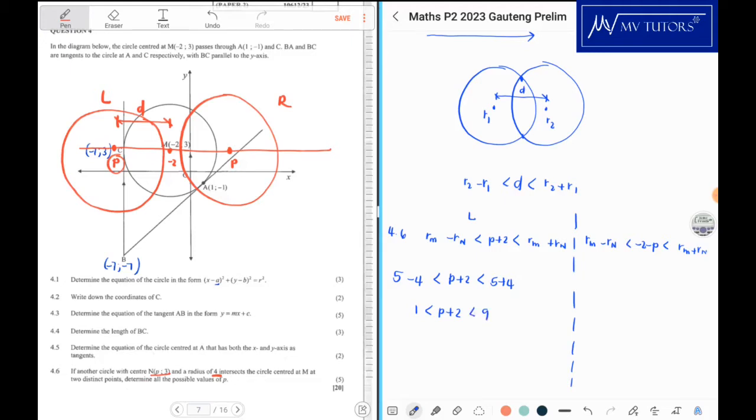Same thing on the right hand side, the circle on the right. We're also going to have 1 if we take 5 minus 4. But now we have minus 2 minus p, and that's 9. If we distribute the 2 so that we only have p, 1 minus 2 will be minus 1, and 9 minus 2 will be 7.